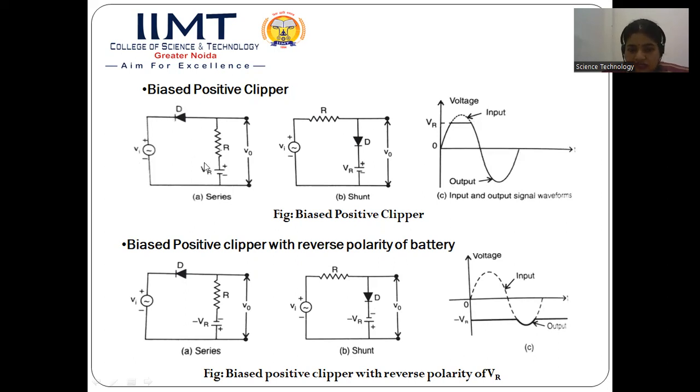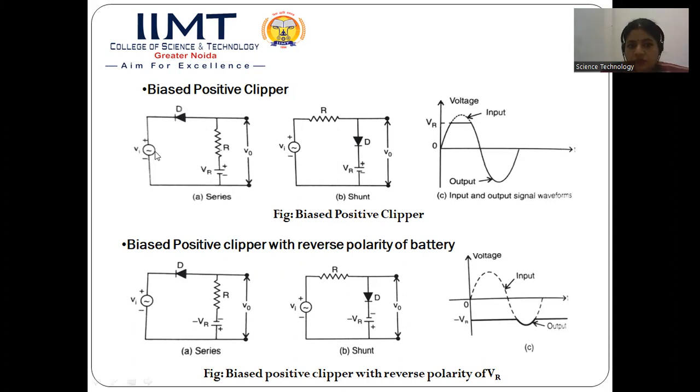If we see this potential VR, this is a fixed DC voltage. Say its value is 5 volts or 2 volts or 3 volts. It's a fixed value. According to VR, this diode is forward bias. And as per VI, this diode is reverse bias.